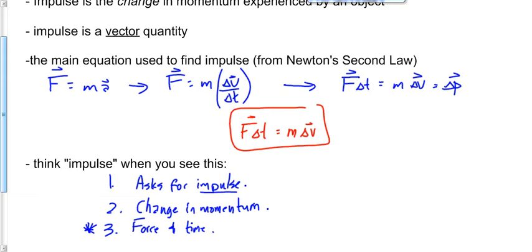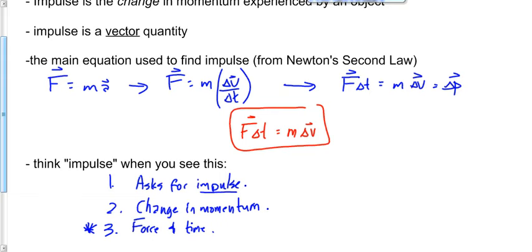Sometimes we see the word force and time in the problem, and we don't even see the word impulse or the word momentum in the question, but yet we still use impulse to solve the question. If you see a force and a time, even if it doesn't say the word momentum or impulse, I want you to automatically think impulse.